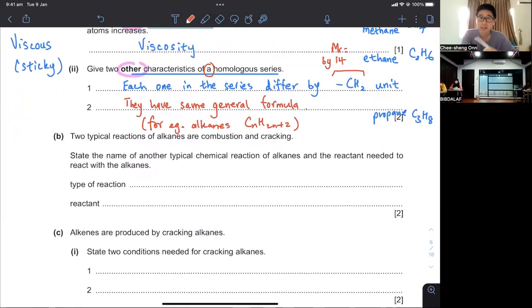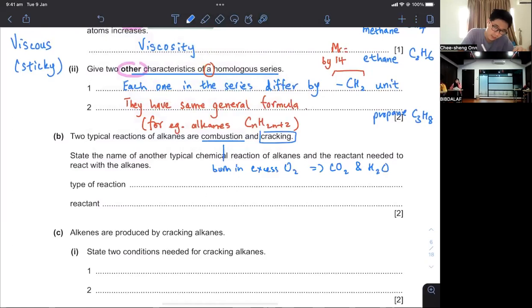Now the next question. It says alkanes undergo combustion and cracking. Combustion means burn in excess oxygen, and when you have excess oxygen, you give carbon dioxide and water. That was something we did last week. Cracking, on the other hand, is breaking long chains into shorter chains.